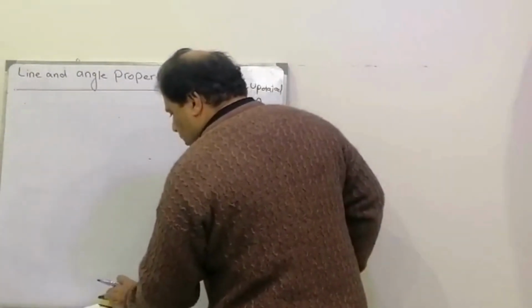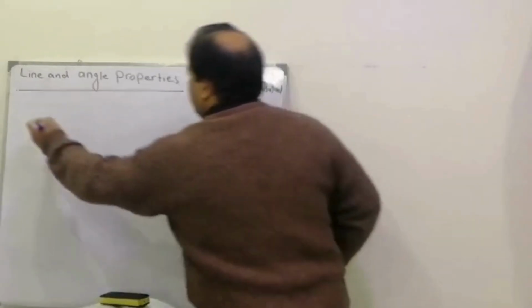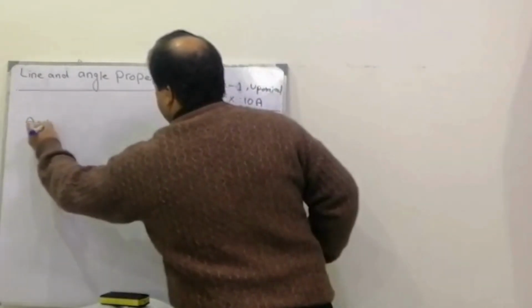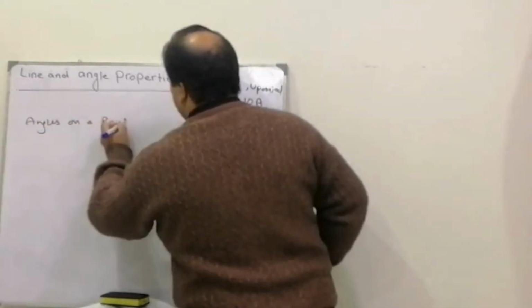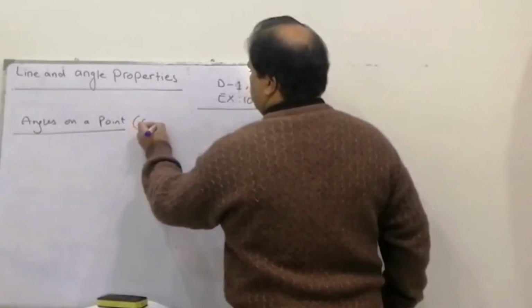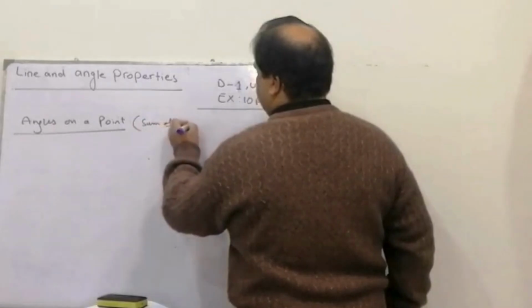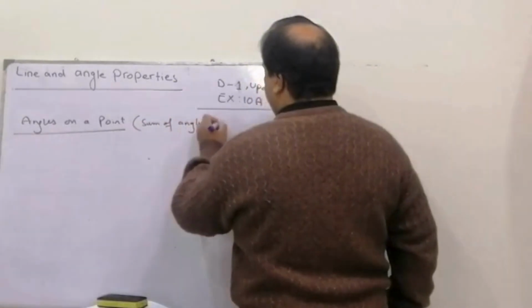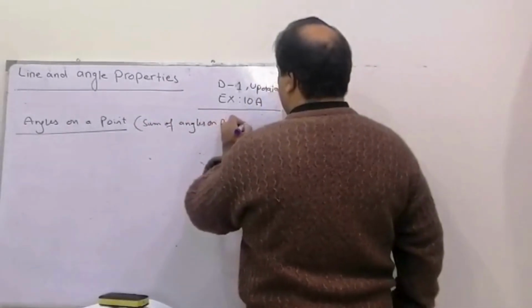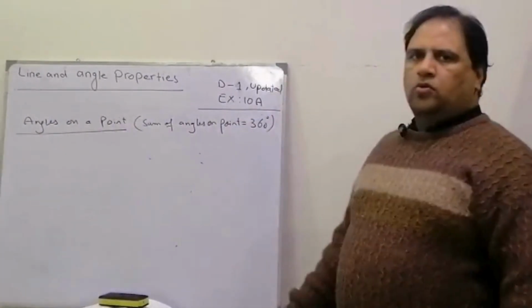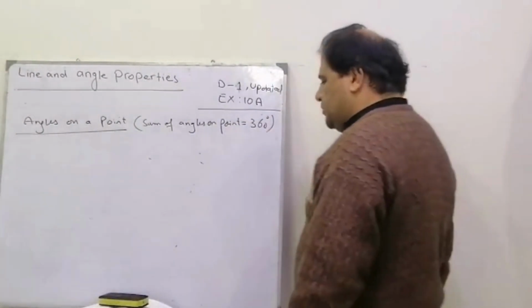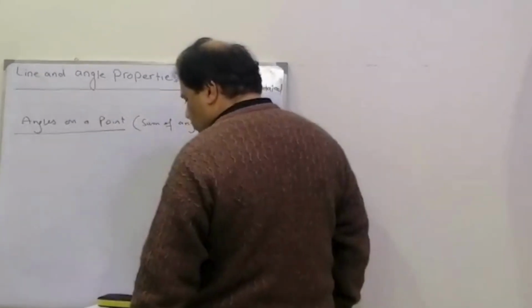Now I'm telling you that angles on a point: basically, the point gives us the complete circle. So the sum of angles on a point is equal to 360 degrees. Always remember this.